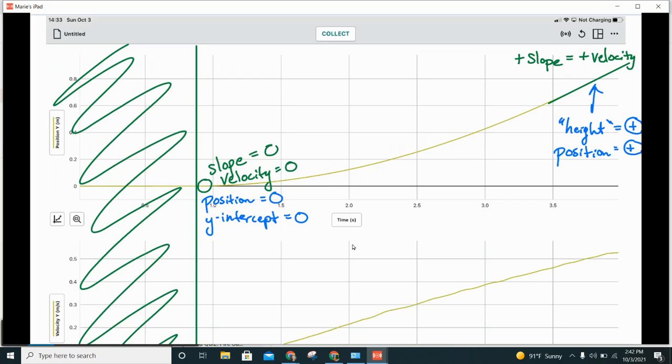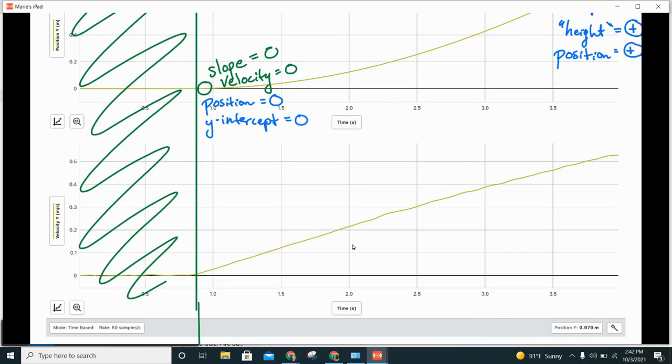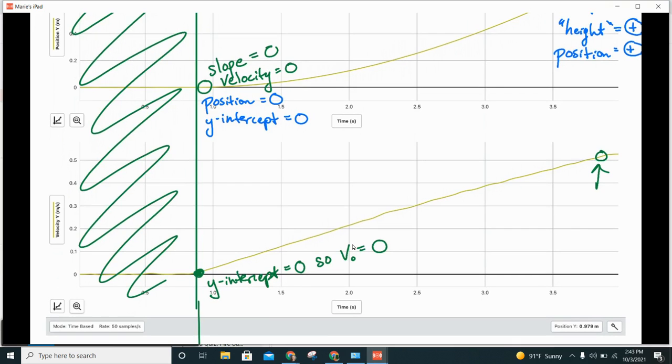All right, so if we have a positive slope, that means that we have a positive velocity. And for this unit, we're going to have uniform acceleration, meaning that it'll be a nice curve as it speeds up. On our velocity versus time graph, we know that our velocity started at 0 because our y-intercept is 0. And at the end, we know that it's moving forwards because it's high up.